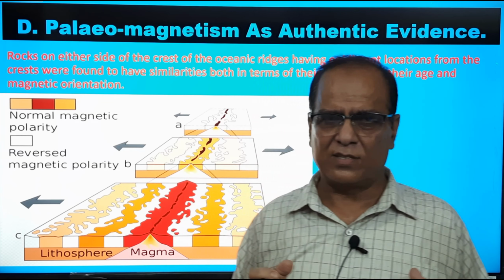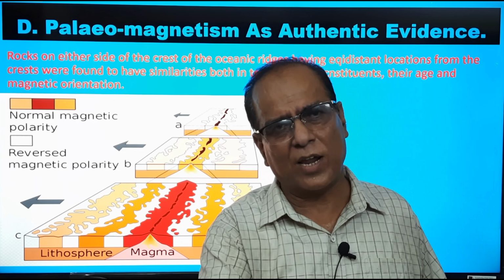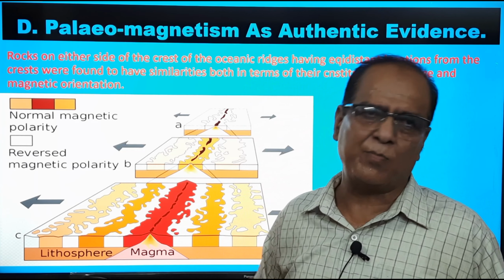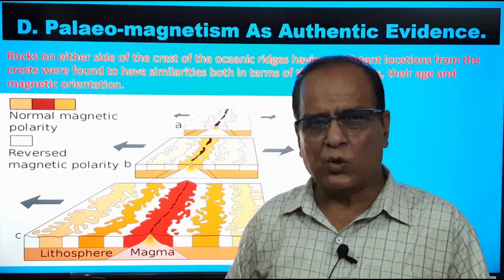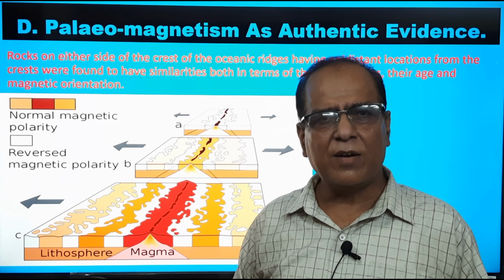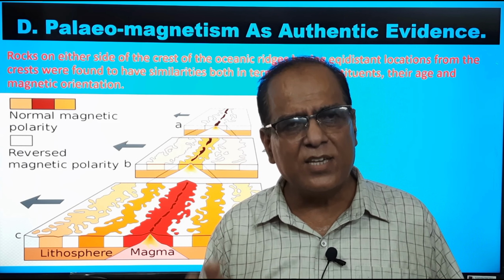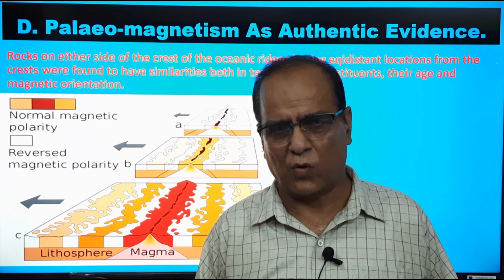So with this what happens? One normal polarity and another reversal polarity would be seen here. So this would help us in assessing the age of the oceanic floor.